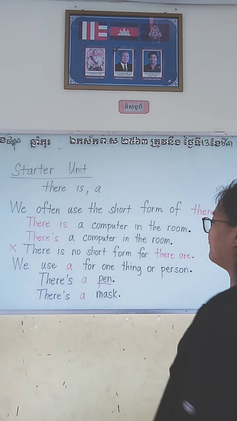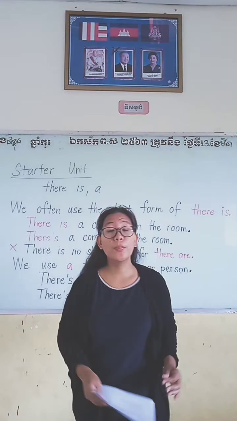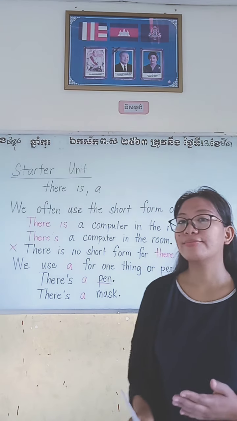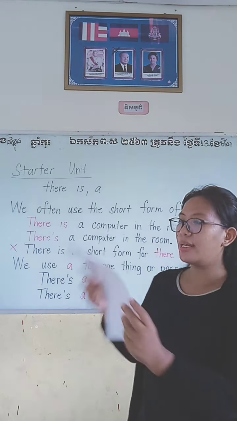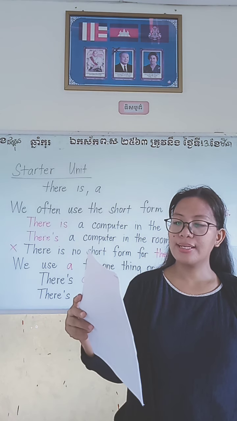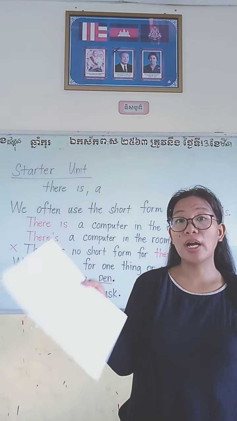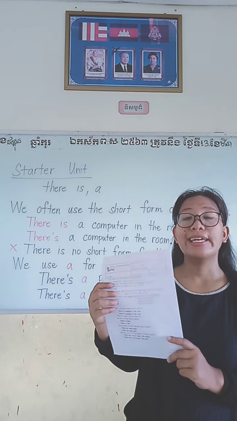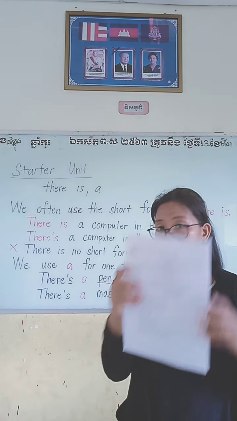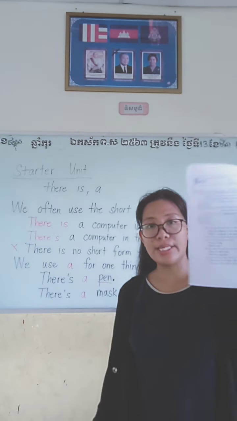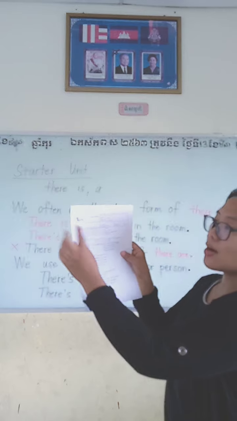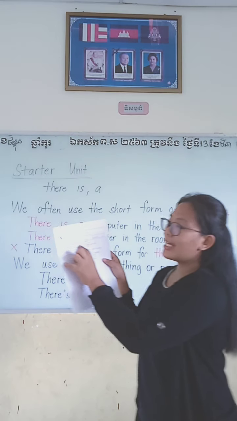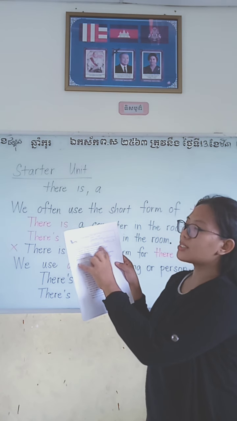So I hope you learned something today. Now, for homework number 3, the deadline will be next Wednesday. Okay, I can accept until Wednesday. For homework number 3, it's written here: there are, some, a lot of.